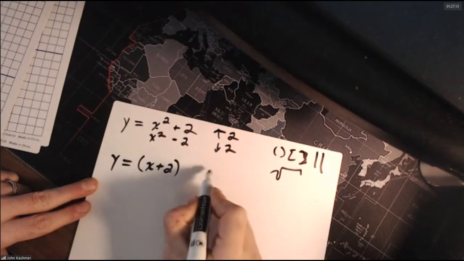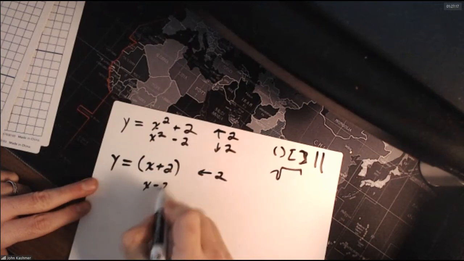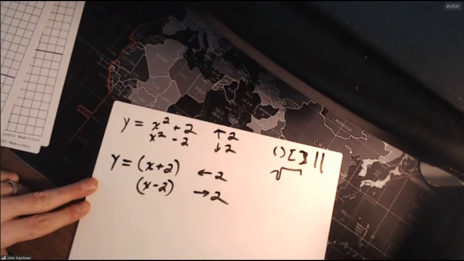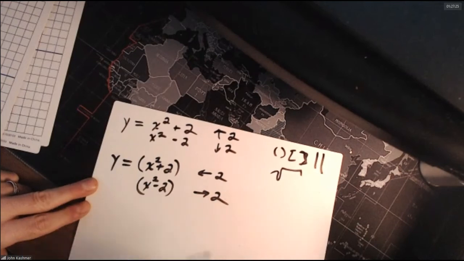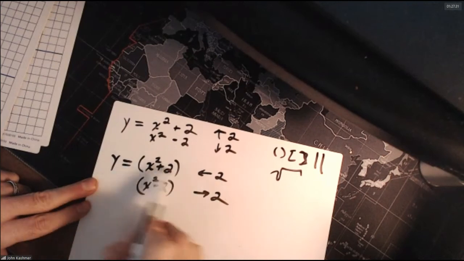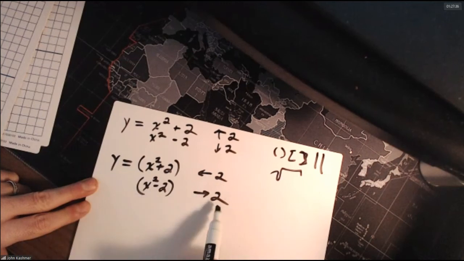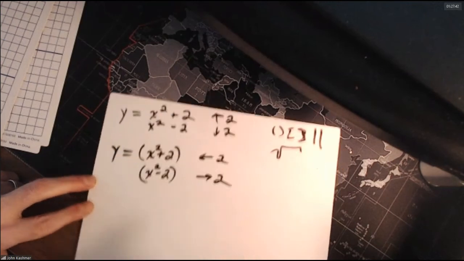So a plus 2 would actually be left 2, and a minus 2 would be right 2. So again, you would start with the same x squared graph that goes through (0, 0) with the vertex, and you would move that vertex for the top one here 2 spaces to the left, for the bottom one 2 spaces to the right, and redraw your parabola. That's the main thing you have to remember.